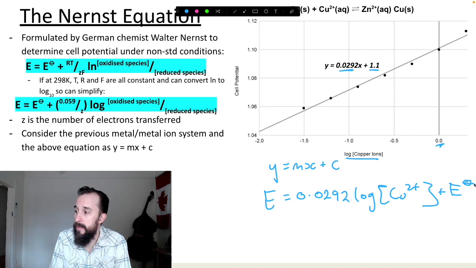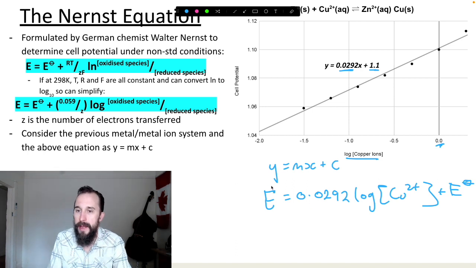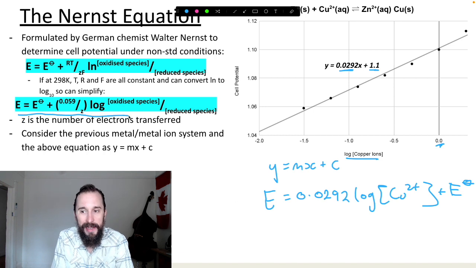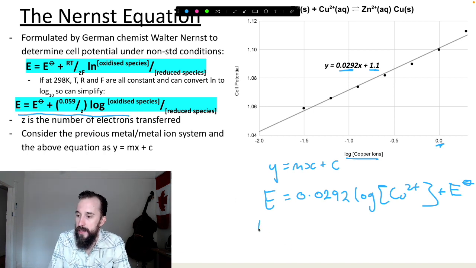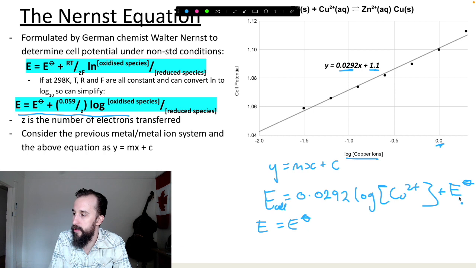So that's our E standard there. Let me rearrange this a little bit, and we'll start to see it's actually looking a lot like that. So E, I'm going to bring my standard cell potential up to the front there. Now these are cell potentials, so I should really specify cell as opposed to a reduction potential.